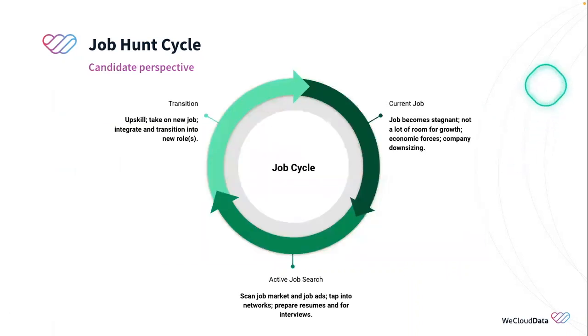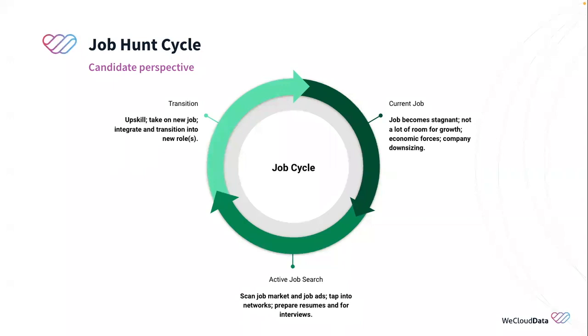roles. From the candidate's perspective, they're actually probably going through job cycles all the time. So think about where you're at right now. You're at your current job. It could be stagnant. You don't feel like there's a lot of room for growth. There could be economic forces like the whole Silicon Valley Bank collapse. Maybe your company's downsizing. These reasons are quite negative, but there are also positive reasons.